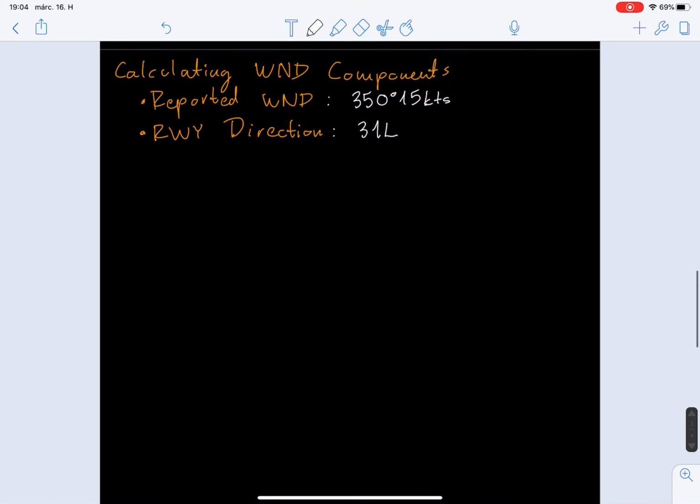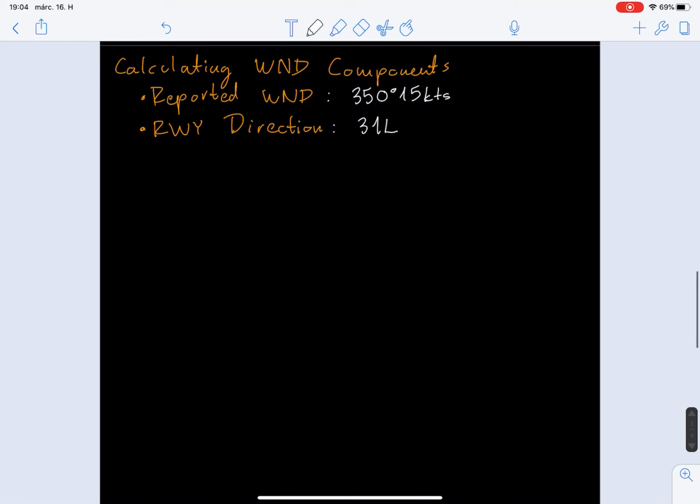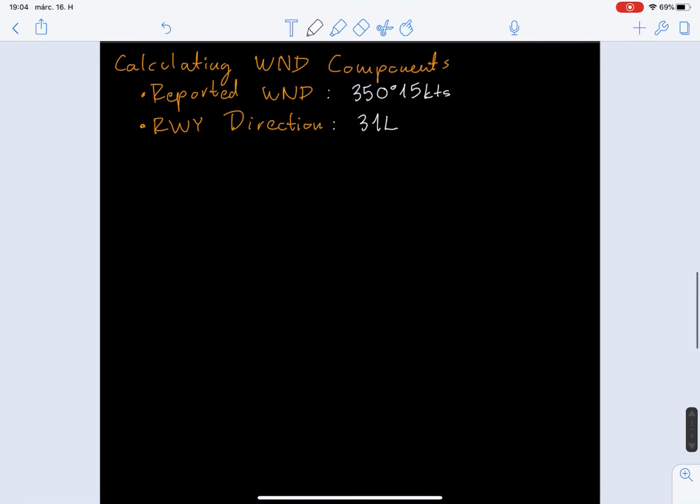Usually, how to solve a problem like this, from my recommendation, especially initially, is to just draw a compass, right? So here, you're going to have the magnetic directions on the compass.